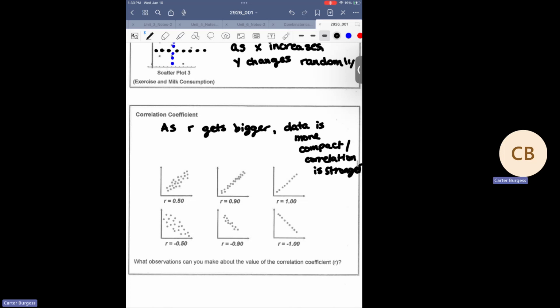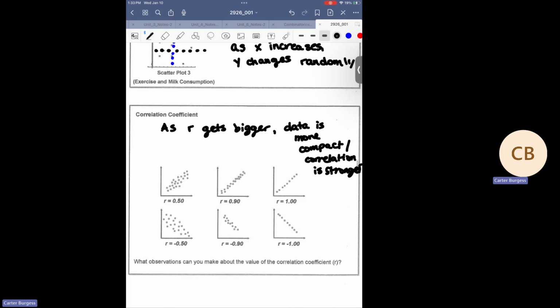The negative 0.9. Okay, so it's not necessarily just that the R value alone is bigger, but something about the R value as it gets larger, we would expect to see this kind of more compact, but maybe it doesn't necessarily work the same with the positive negative, which means that the whole positive negative thing, if it's not talking about strength, has to be referring to something else.